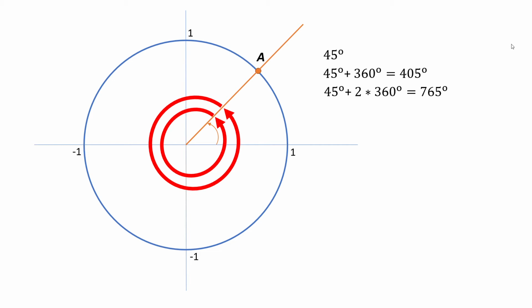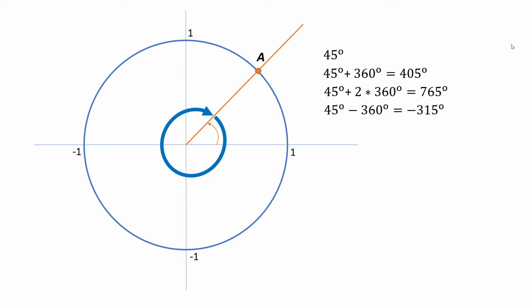Now, we don't have to go up, though. We can actually go down. We can go clockwise. And as we talked about earlier, when we're going clockwise, we're adding negative numbers. So if we were at 45 degrees and decided to make a circle clockwise, we subtract 360 degrees and get to the angle of minus 315 degrees. Again, we can do it again.